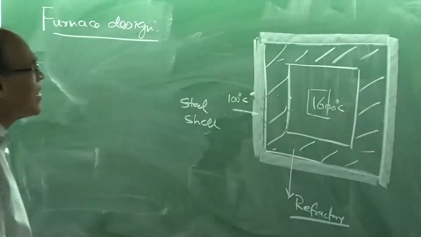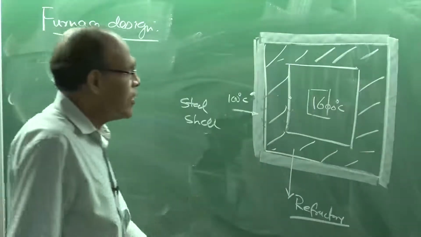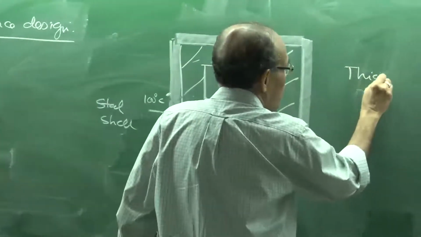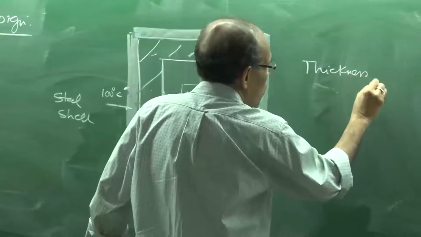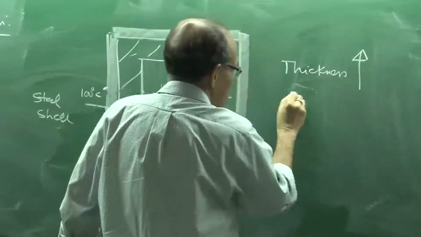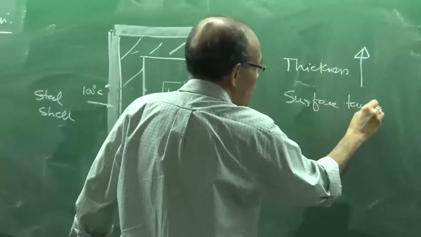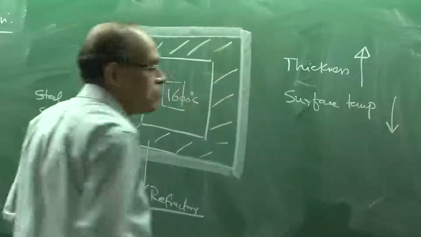But the most important thing here is that if the thickness of the brick goes up, the outer surface temperature goes down.